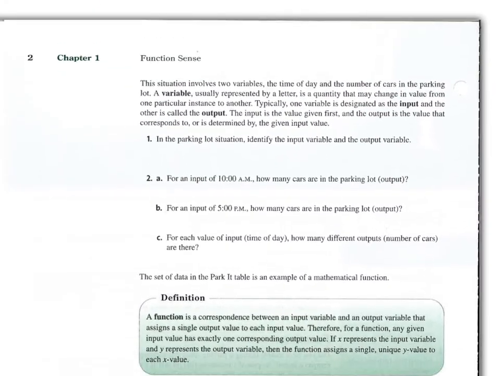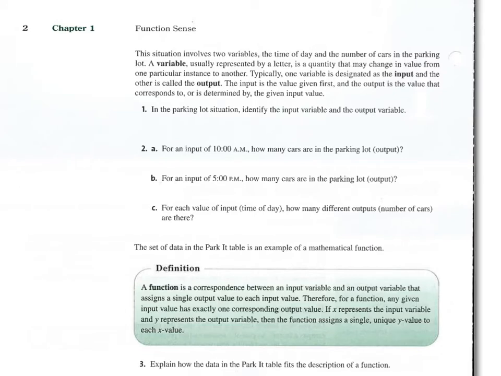Our input, you have to bear with me, I haven't made one of these videos all summer, the input is going to be the time, and then the output, what we get out of this, is going to be the number of cars for this situation.